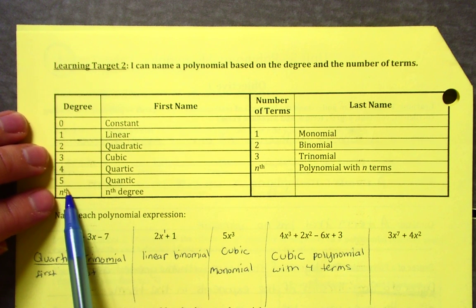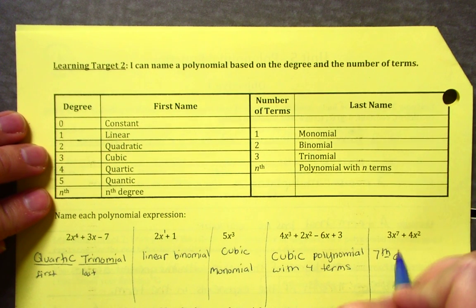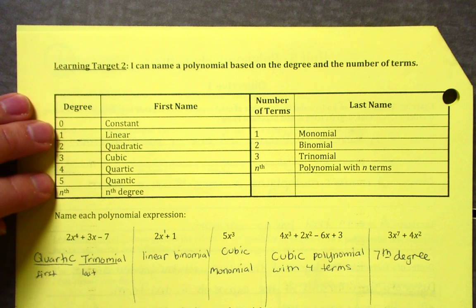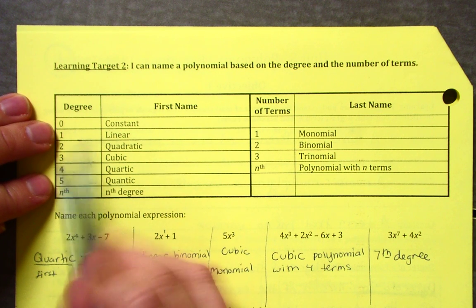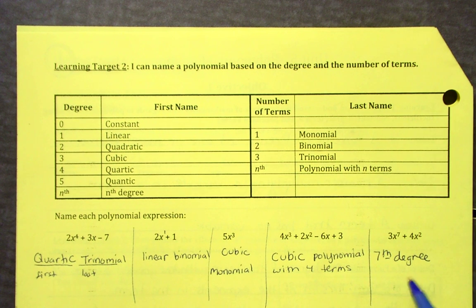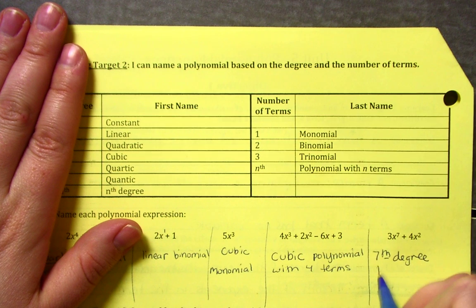Anything higher than 5 doesn't have a special name over here. So we just call it 7th degree. It doesn't have a nice name like the first ones, 5 and under. Okay? So it's 7th degree, and then its last name comes from the fact that there are 2 terms, 1, 2. So it's actually a 7th degree binomial.